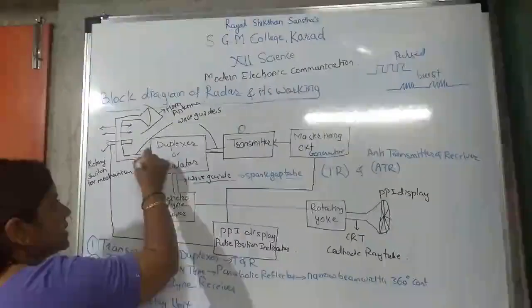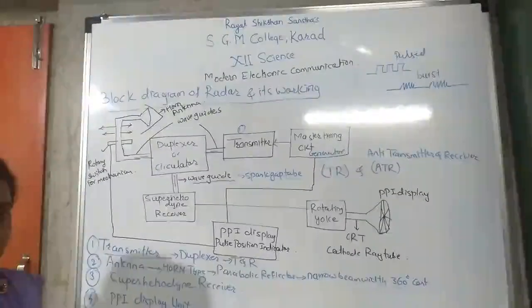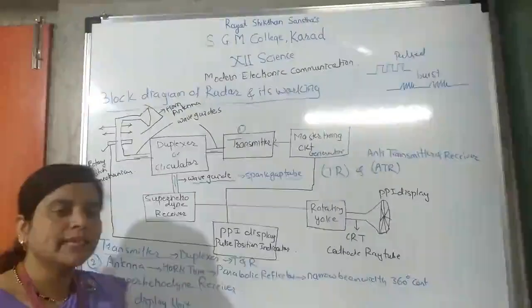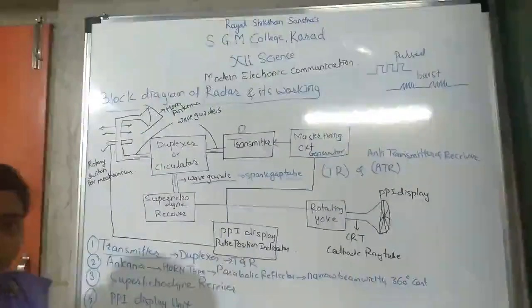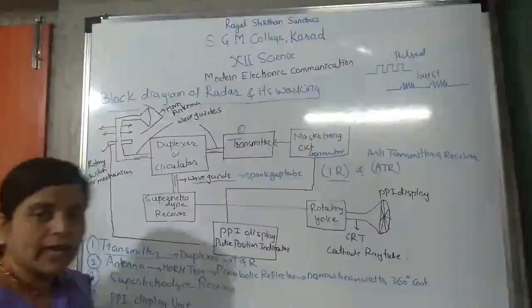But these parts are waveguides. Waveguides have the spark gap tube, and that spark gap tube helps to transmit and receive the signal. If both are there, then it is called the TR signal.